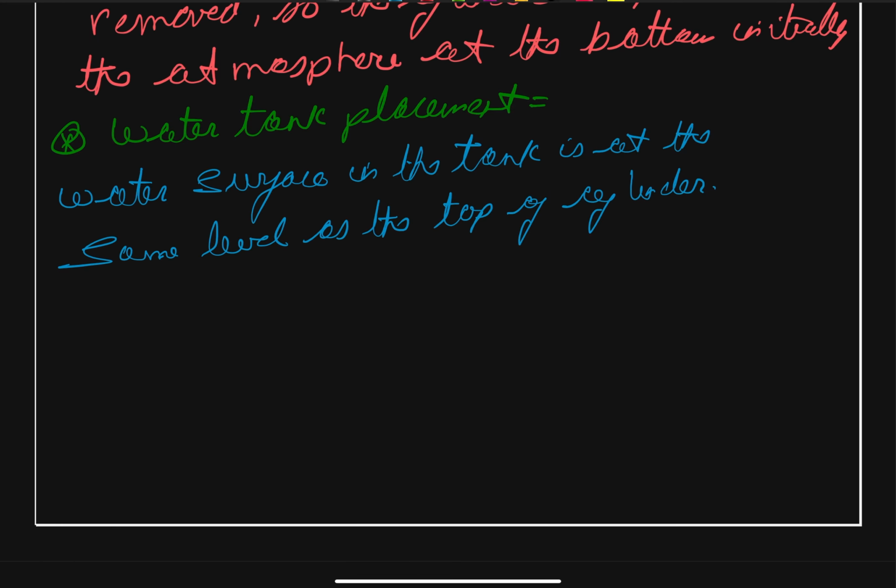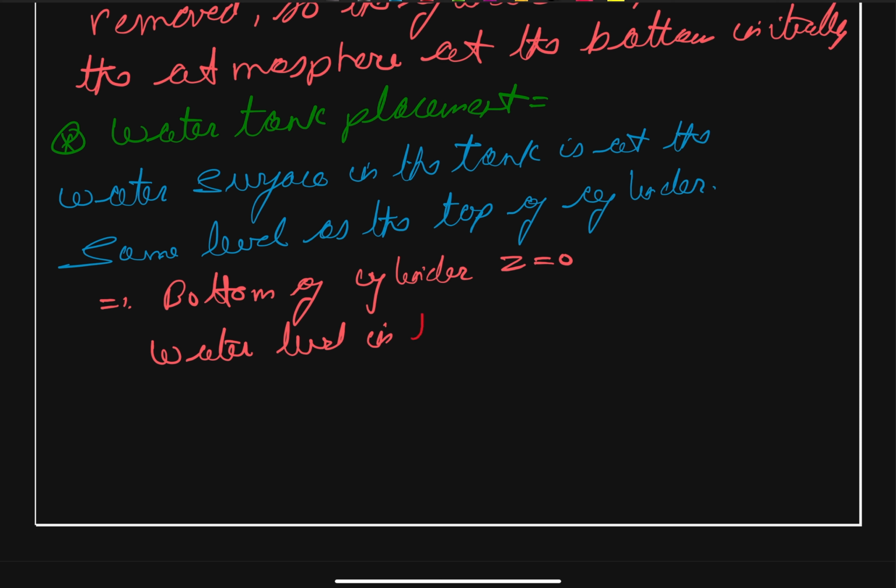So we can say that the bottom of the cylinder let us take at z equal to 0, therefore the water level in the tank is at z is equal to L naught.